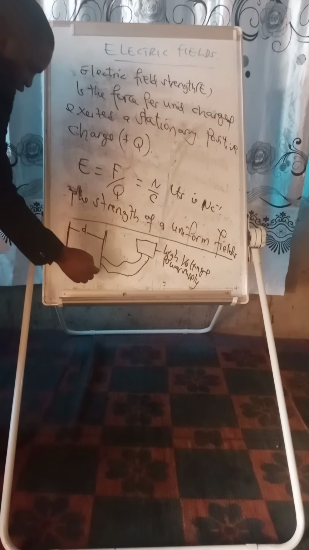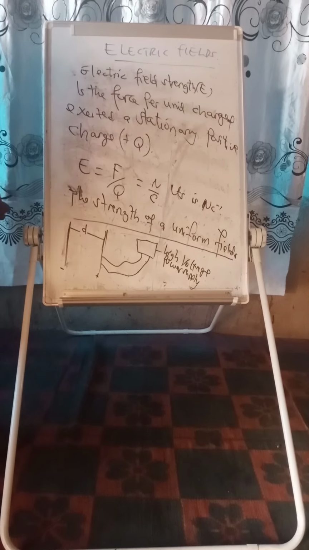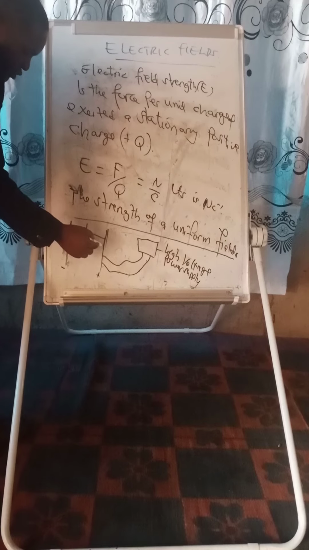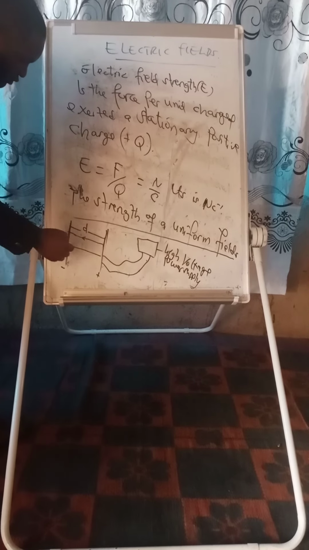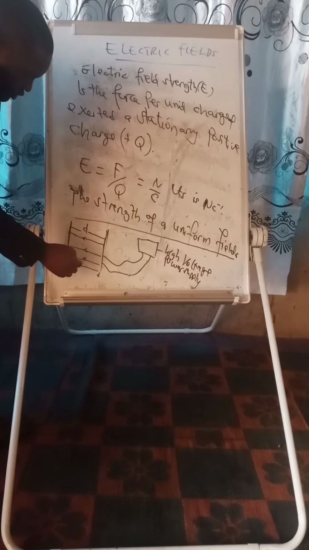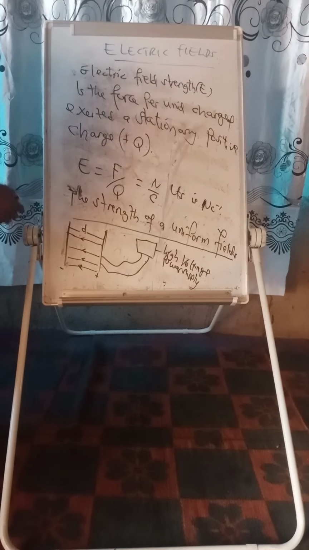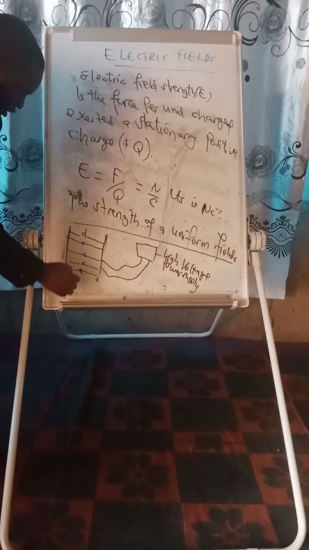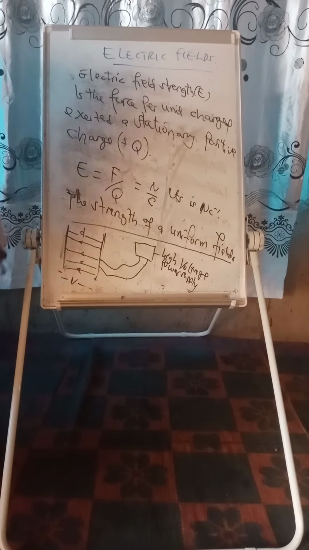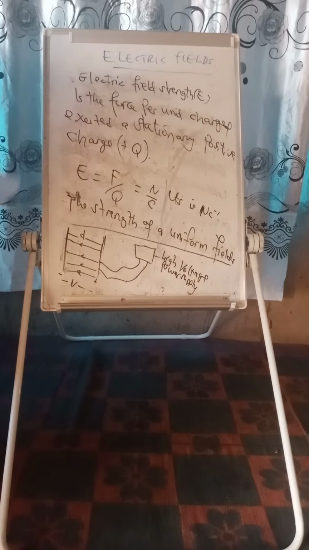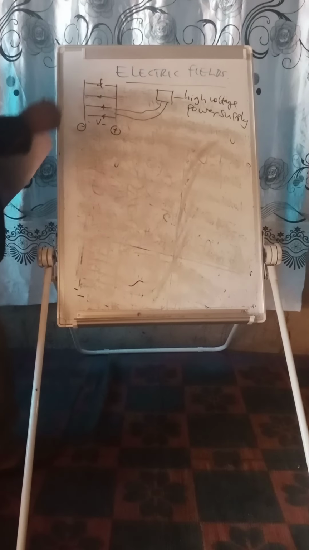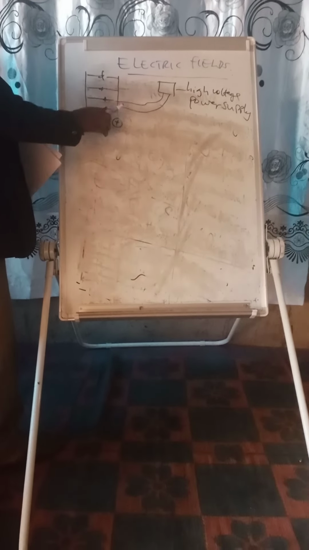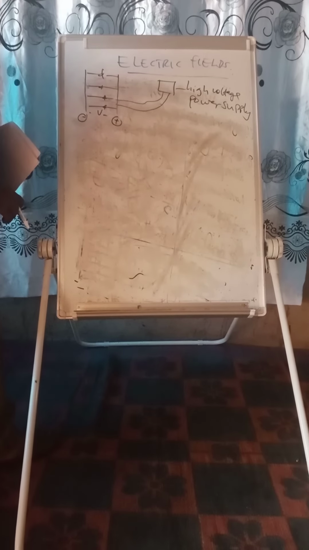So we connect to these plates, which are positive and negative. We find that an electric field will be formed, and here is a potential difference V. If we connect these plates to a high voltage power supply, the higher the voltage, the higher the electric field strength.